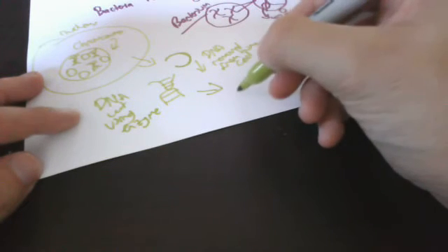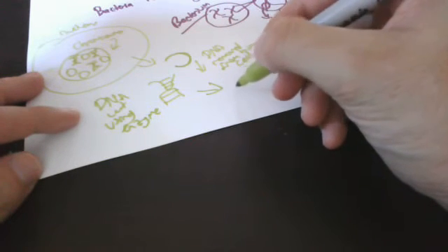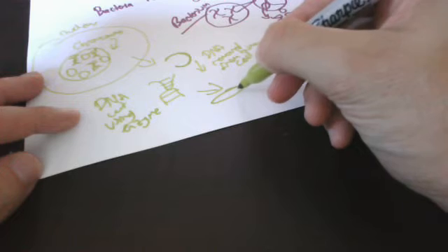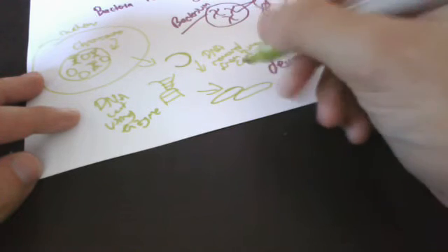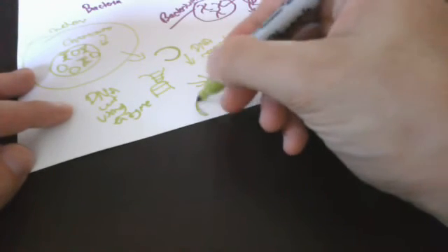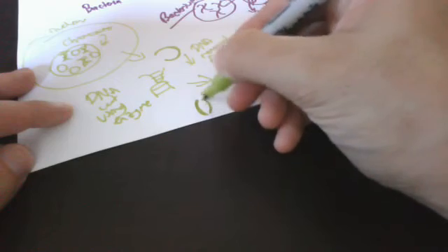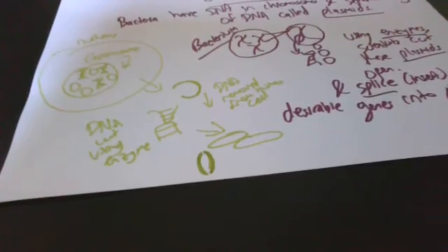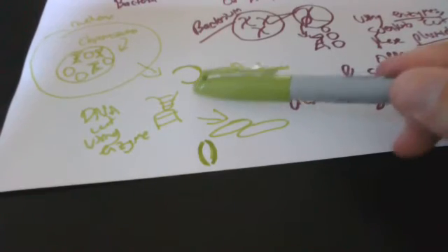And then a human gene is inserted into the plasmid to form a recombinant DNA, right? So let's say that's a plasmid, and you've got DNA here. The process: DNA is removed, and then it's cut using an enzyme, and then a human gene is inserted into the plasmid from the DNA.